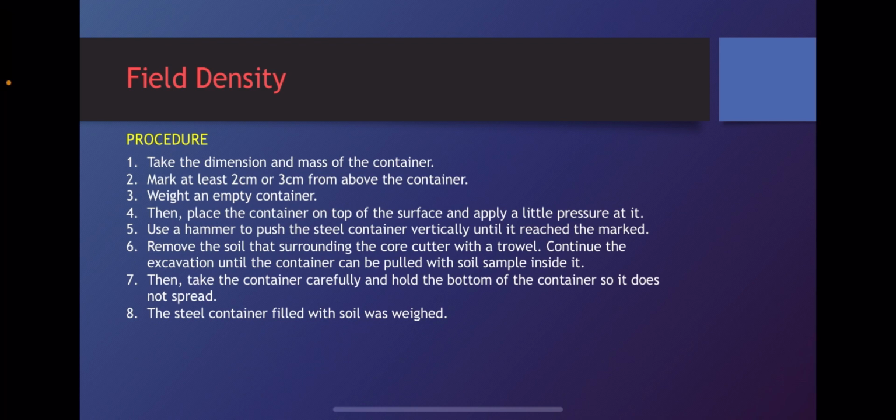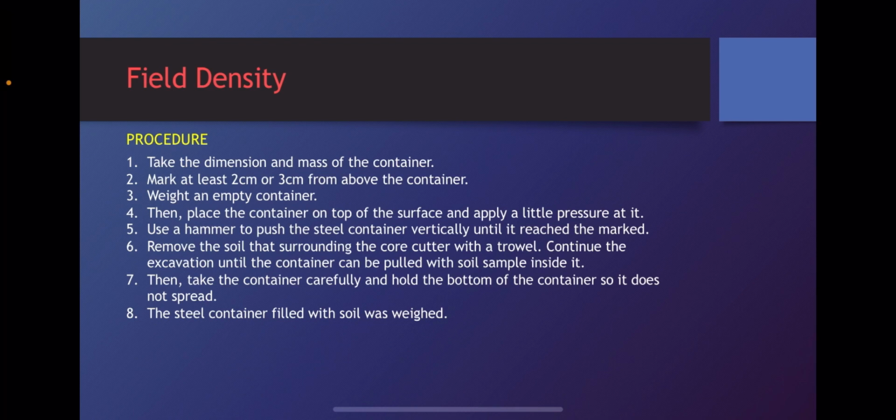Weigh an empty container, then place the container on the top of the surface and apply a little pressure on it. Use a hammer to push the steel container vertically until it reaches the mark. Then remove the soil that is surrounding the core cutter with a trowel.